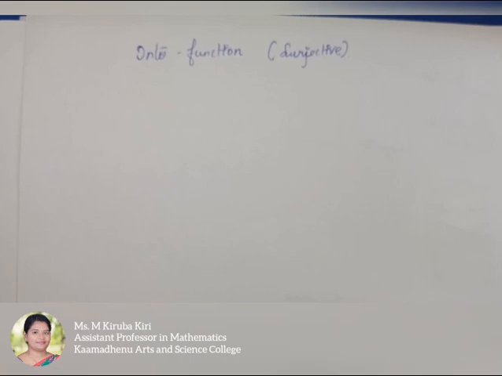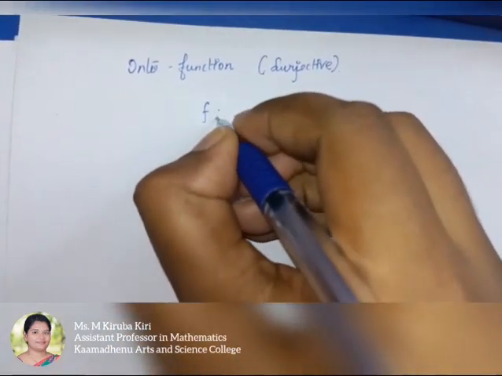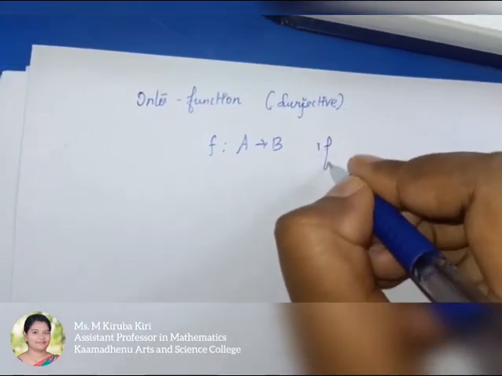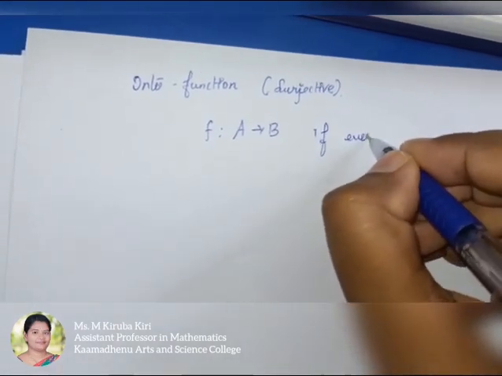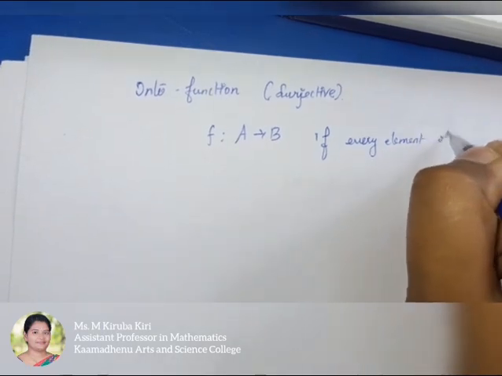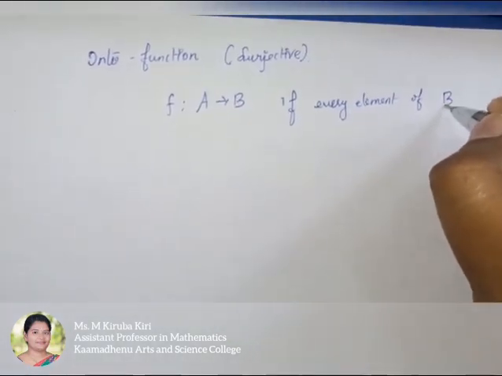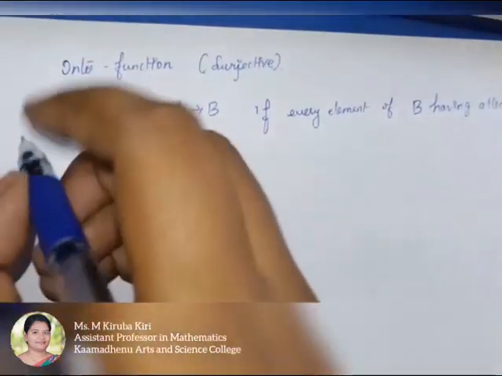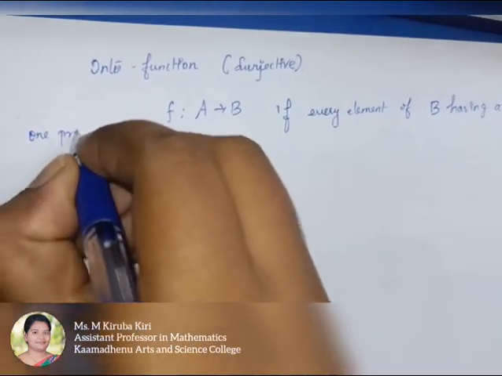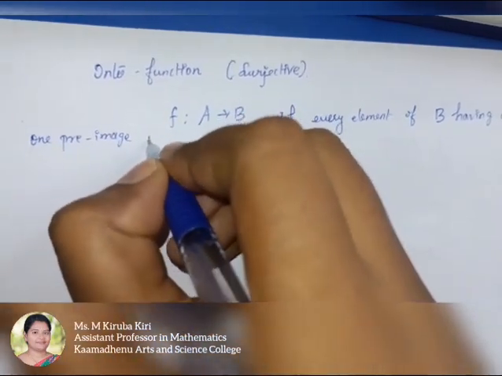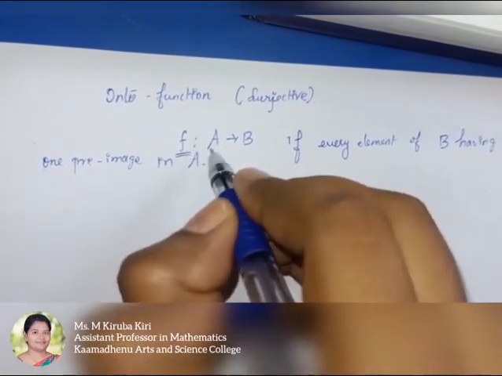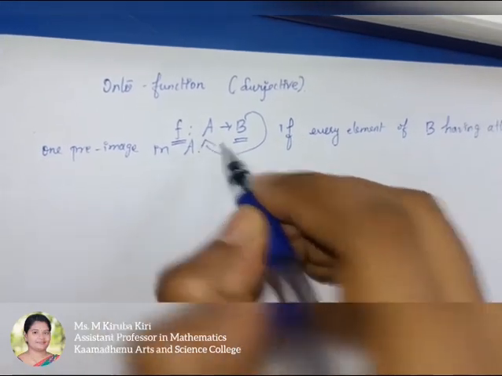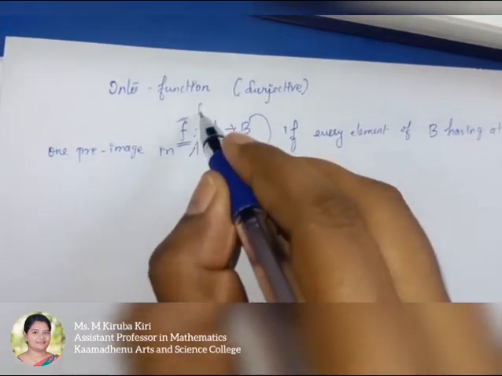A function f from set A to B is said to be onto if every element of B has at least one pre-image in set A. If f is mapping from A to B and every element of B has at least one pre-image in A, then only this f is known as an onto function.